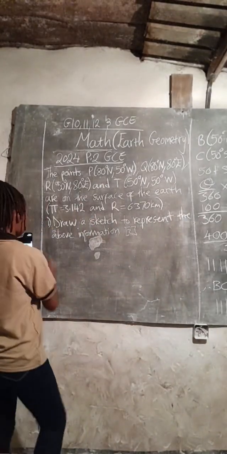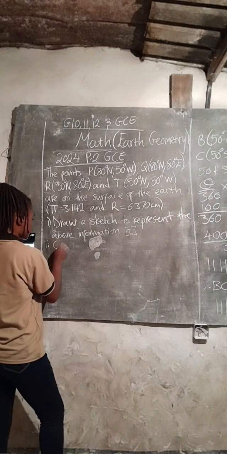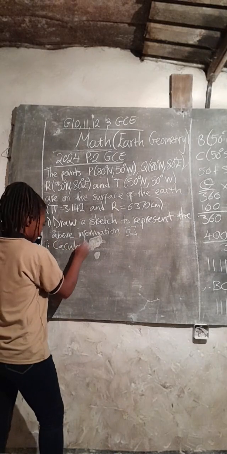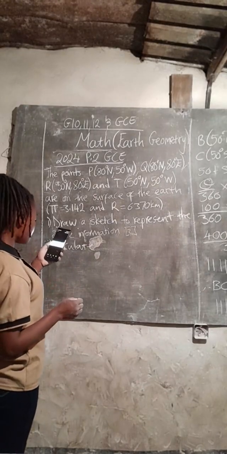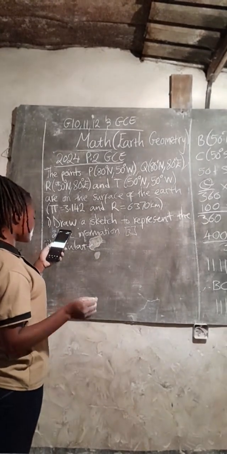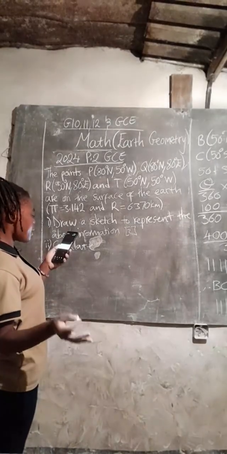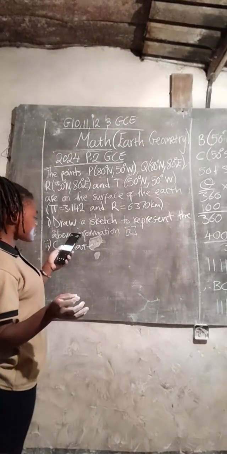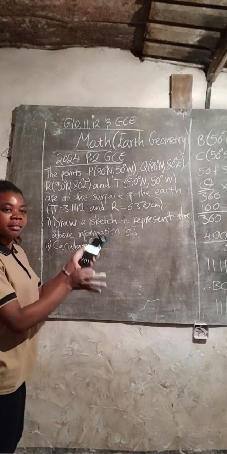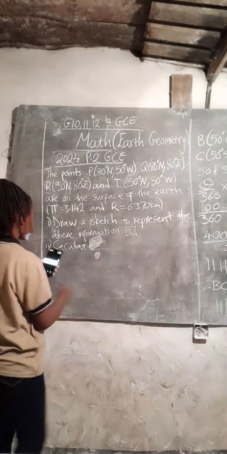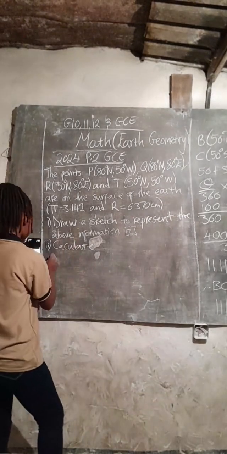Then question 2 says calculate distance QR and distance RT. So figure out which one is on the great circle and which on the small circle. I'll write them both, because we have not answered.